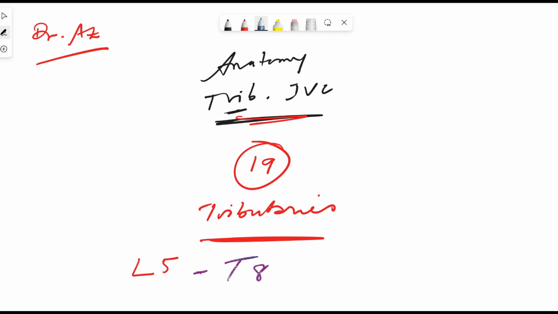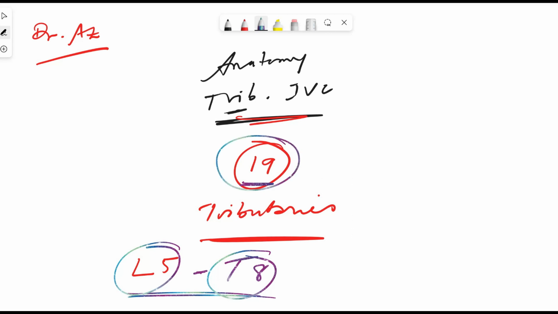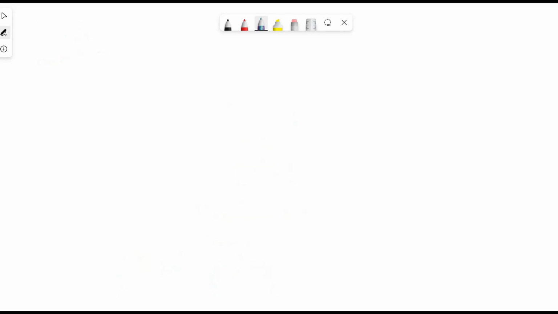So we are going to mention that it originates at L5 and ends at the level of T8. Now let us go to the next part. They are going to ask you to name those 19 tributaries, and you have to name them all to get the full mark. So let us go and see that.